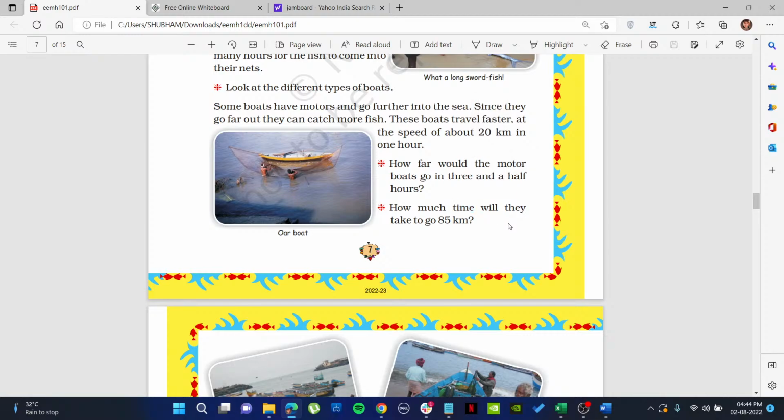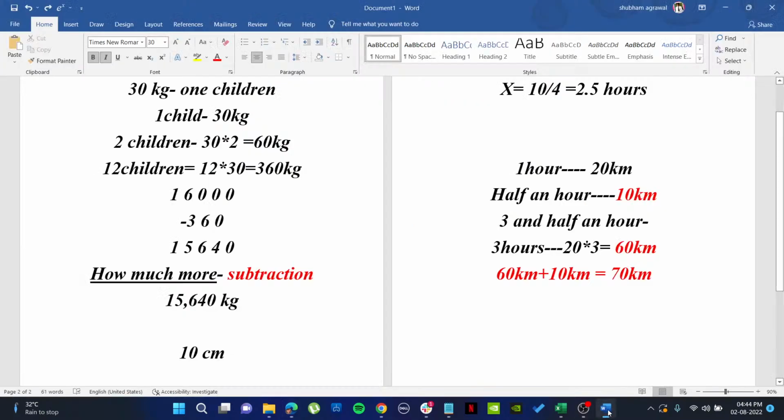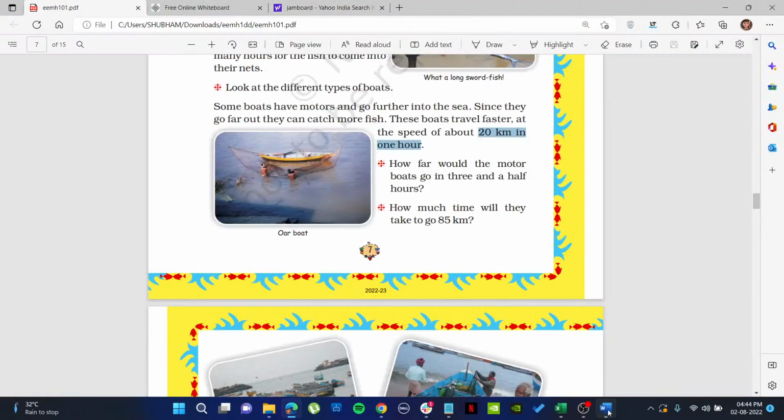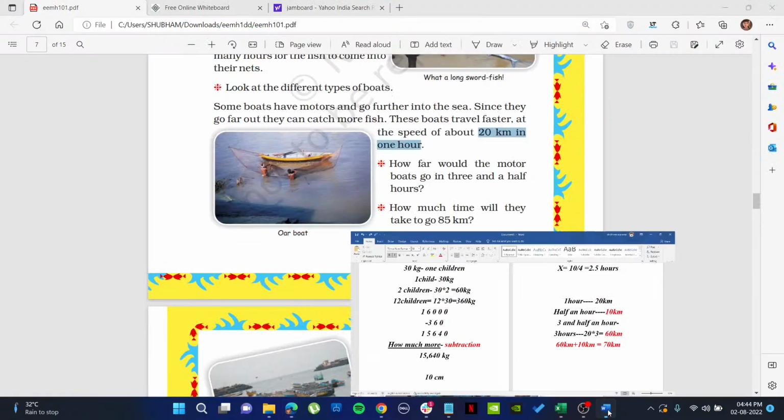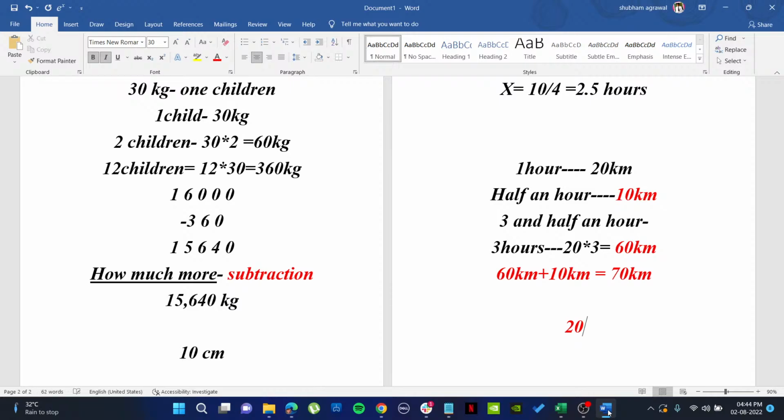Okay, so here 20 kilometer is being covered in 1 hour. Okay, and here we have discussed 20 kilometer in 1 hour.